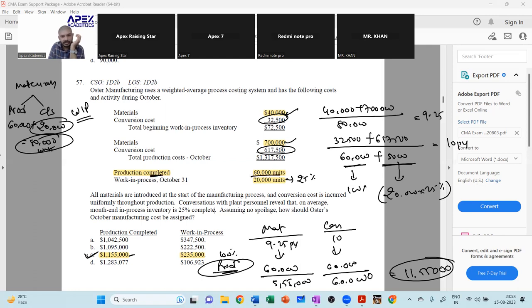Production completed 60,000 units. Okay, sir, it's ready, it's completed. This is not ready, it's not complete. It's only 25% ready. I'm saying that in the conversion calculation you have done, you have written 60,000. Why not 65,000? Where?